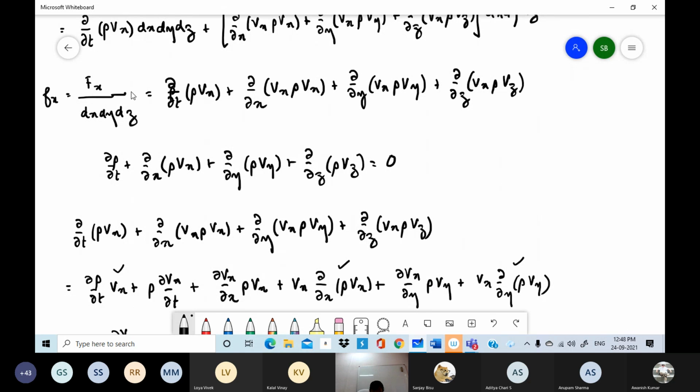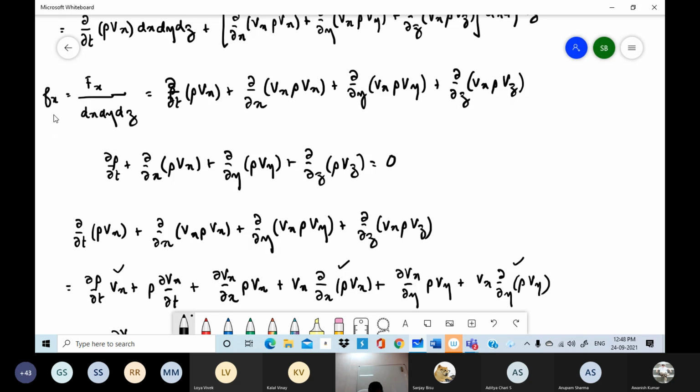I started with this equation which we had derived, which was the x component of the momentum equation. So from that we found that this is the equation which the velocity has to satisfy. So far I have left the evaluation of the force unaddressed.